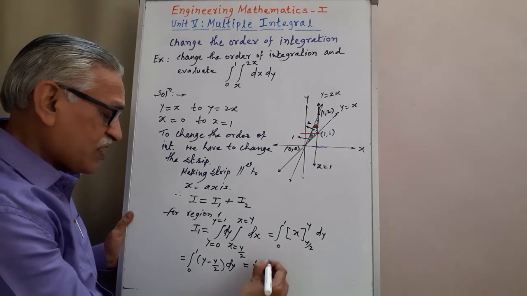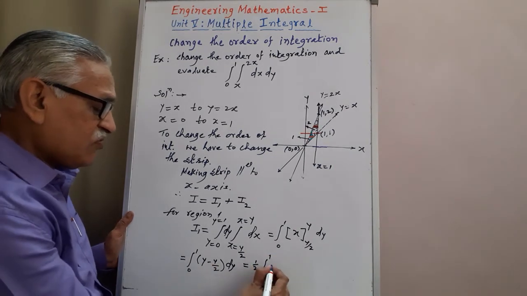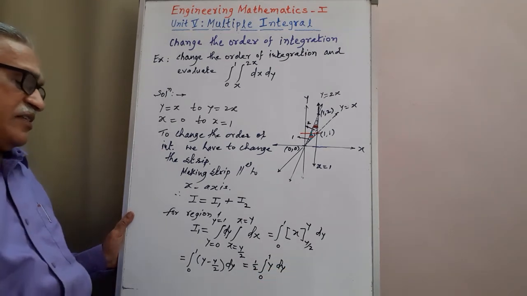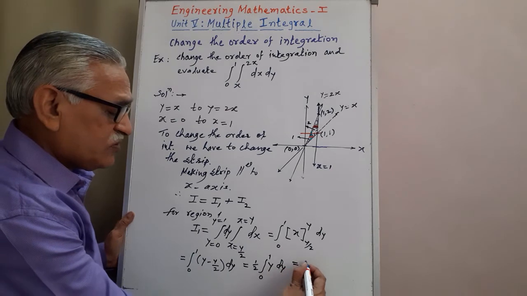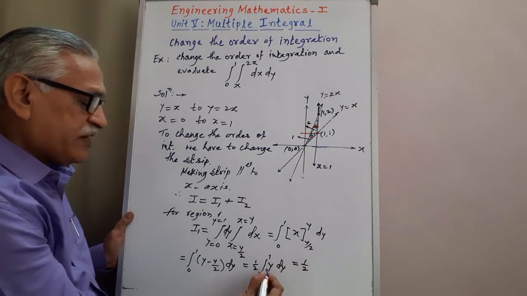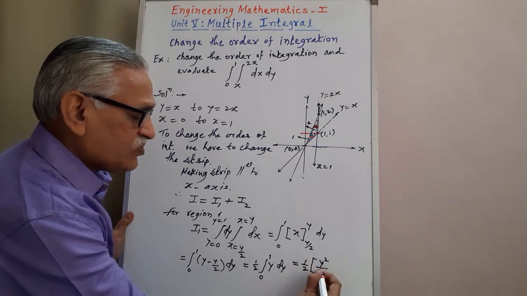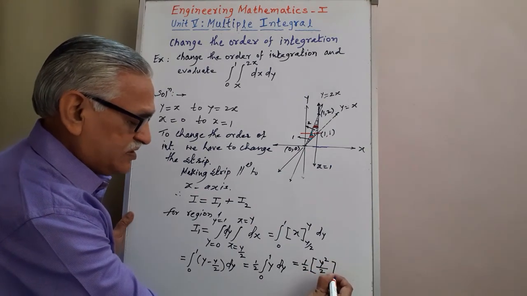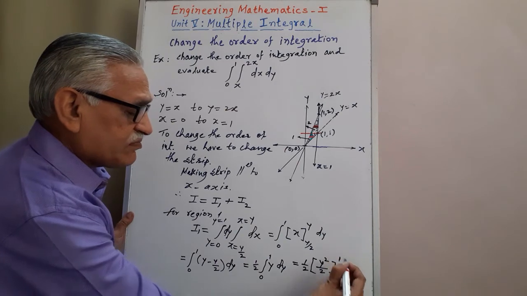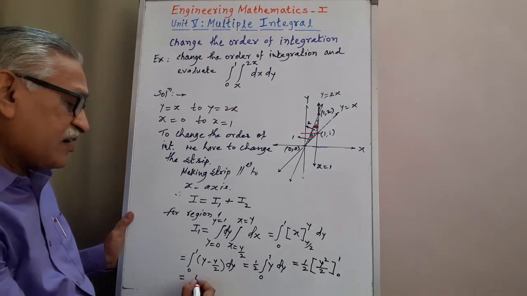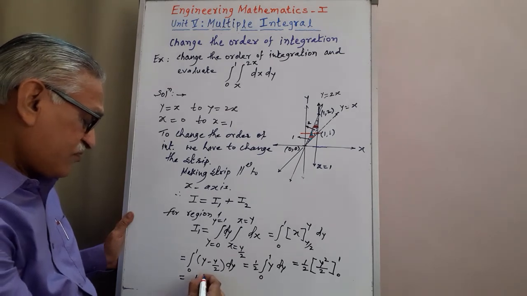Integration from 0 to 1 of y with respect to y, and therefore it is equal to 1 by 2 as it is. Integration of y is y square by 2, substituting the limits 0 and 1, and therefore it becomes 1 by 4.